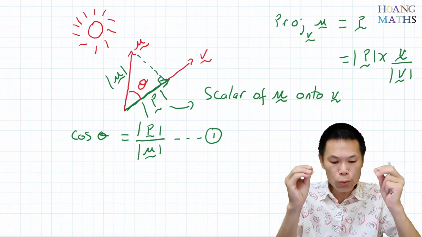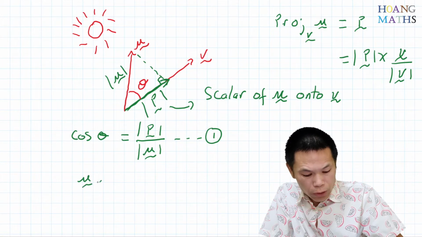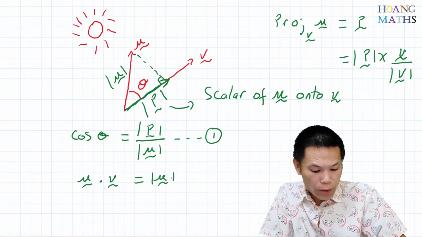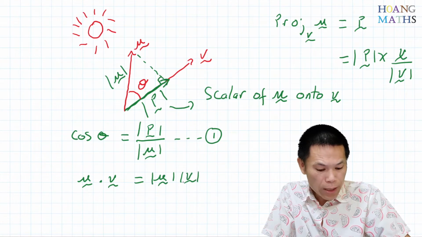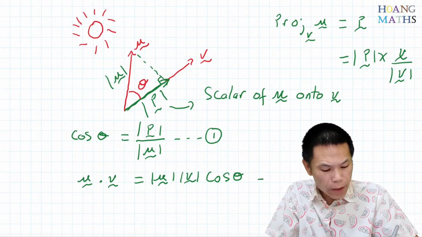And we know that u dot v gives me the magnitude of u times the magnitude of v and times the cos of the angle in between. Let's name this equation number 2.